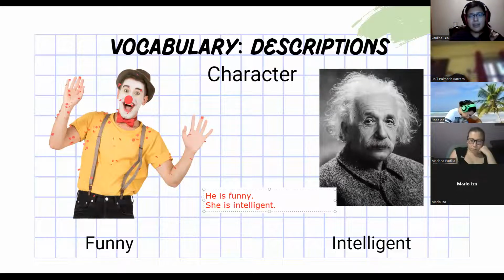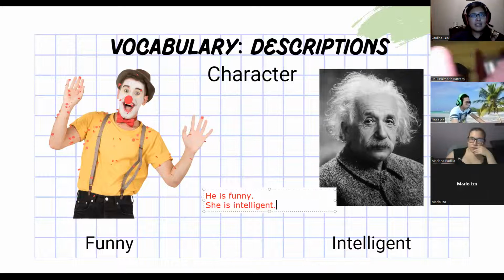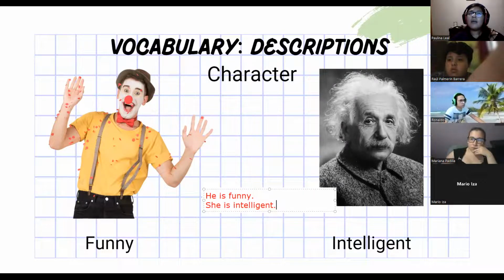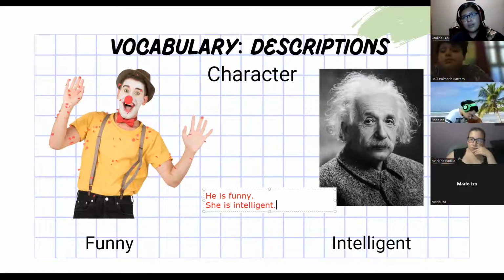Igualito que en español, chicos, vuelvo a lo mismo. Yo no digo, él tiene gracioso. Digo, es gracioso. Ella tiene inteligente. Ella es inteligente. Si se fijan, la mayor parte de las cosas donde yo uso be son cosas que no puedo cambiar. Mi carácter, mi altura, si soy bonito, si soy feo, si soy alto, si soy chaparro.